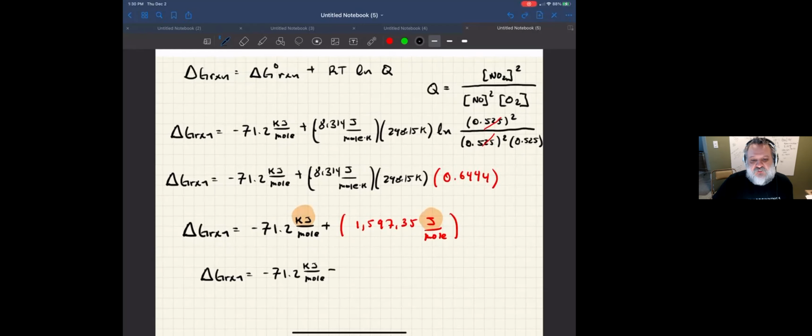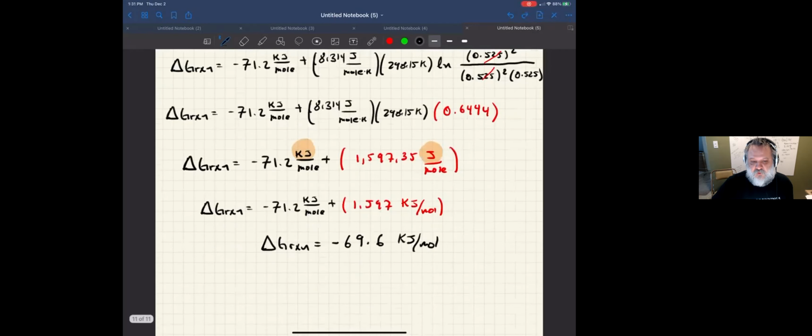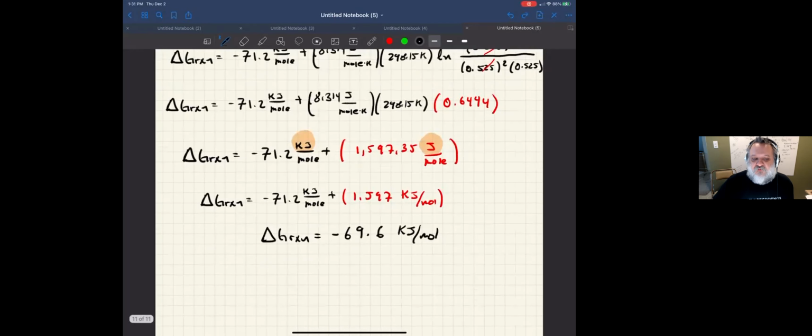So I need to change this one on the right to kilojoules. So that'll be 1.597 kilojoules per mole. And now when I add them together, I get delta G for the reaction equals negative 69.6 kilojoules per mole.